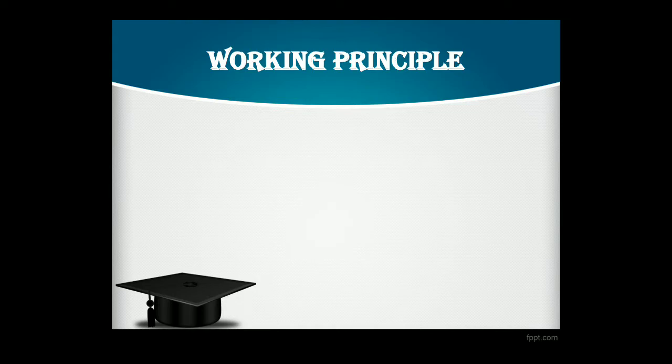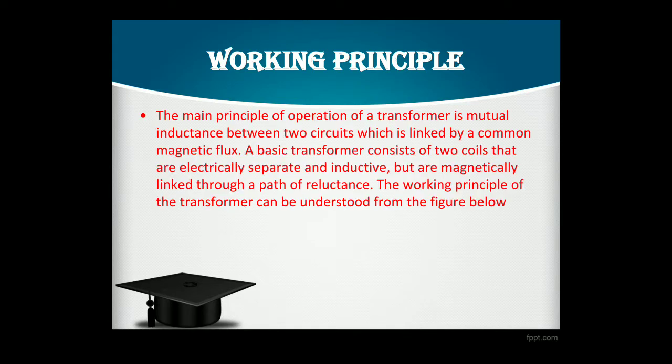The next slide is the working principle of transformer. The main principle of operation of a transformer is mutual inductance between two circuits, which are linked by a common magnetic flux.